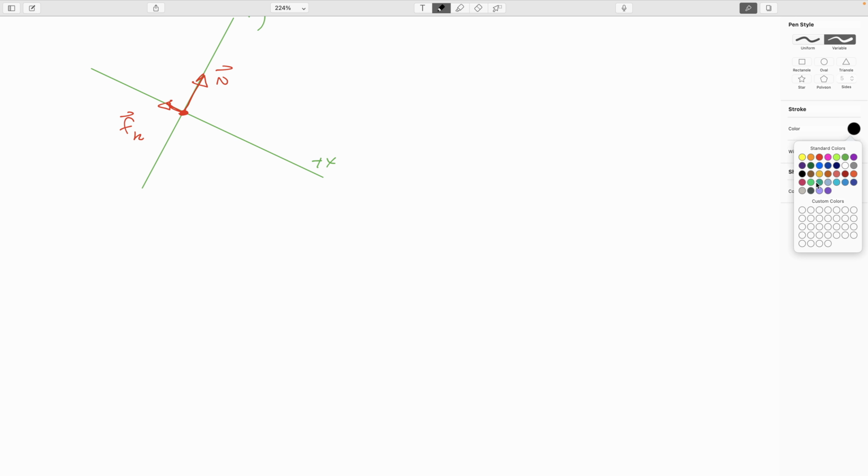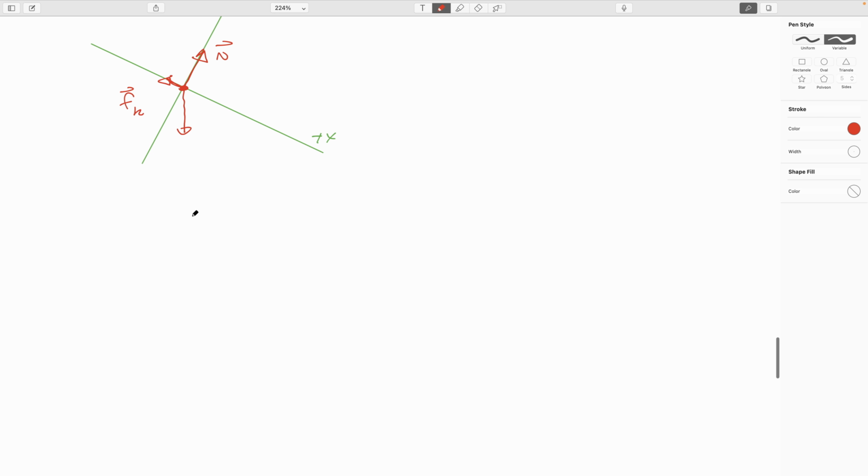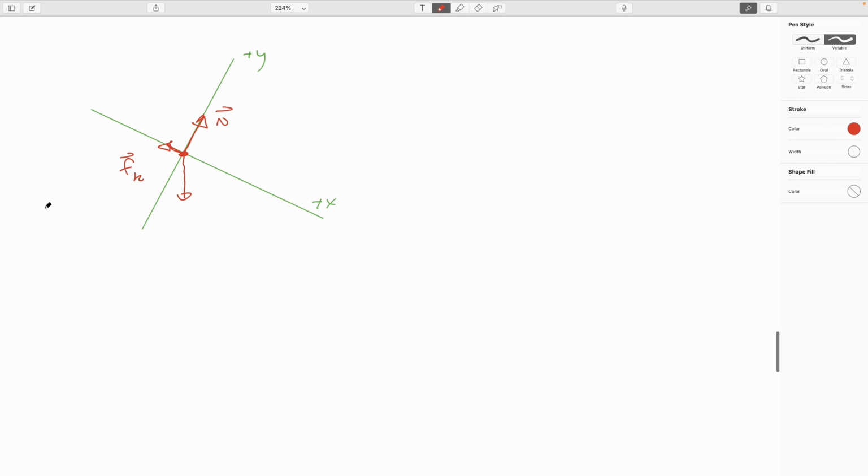Then finally, force of gravity straight down. And by the second law of inclined planes, this angle is also our angle theta, the angle for the ramp.